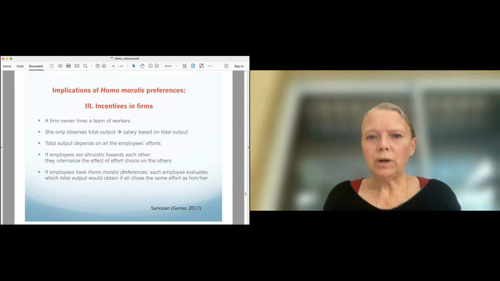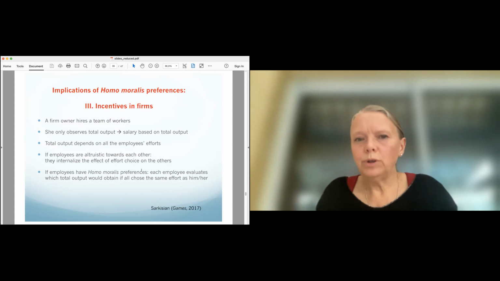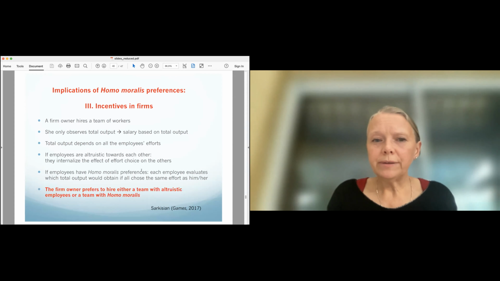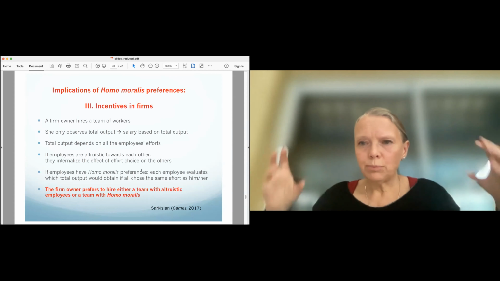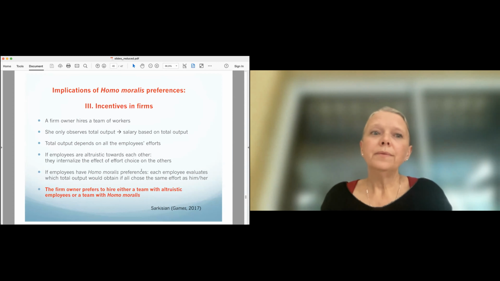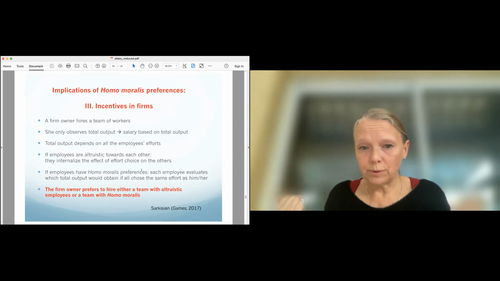If there are homo moralis preferences, then each employee will evaluate the total output that would obtain if all chose the same effort as him or her. The key point here is that the consequences of these preferences for the kind of incentives that the firm owner needs to put in place to induce high effort levels are different.